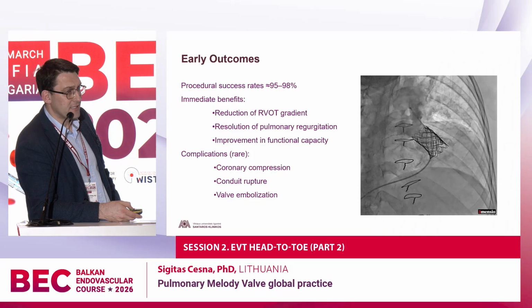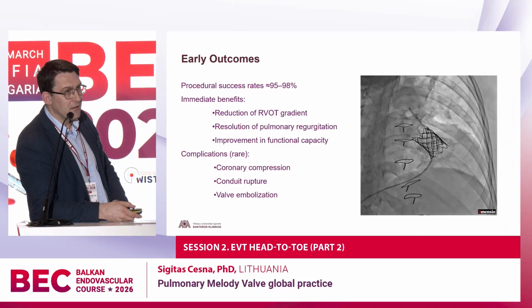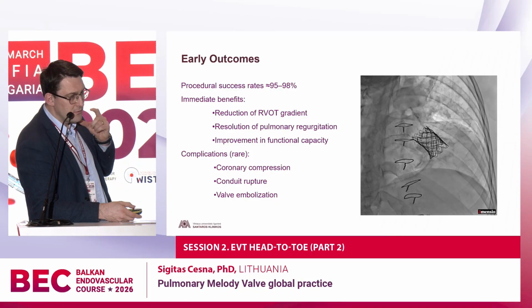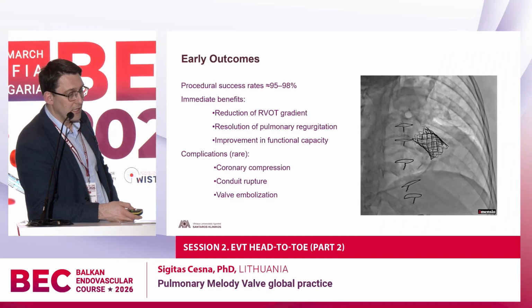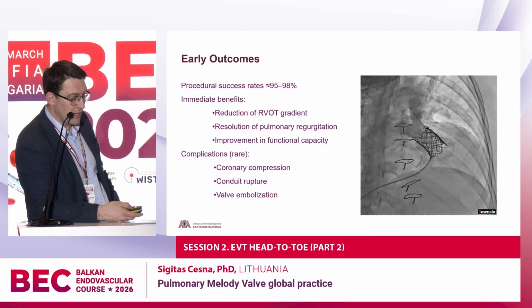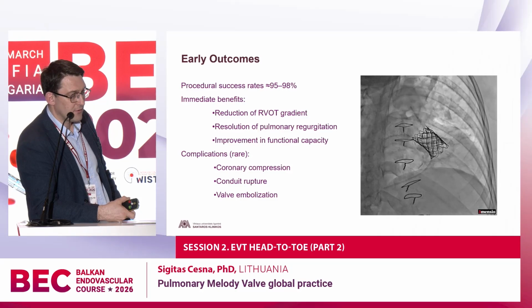The valve itself is a CP stent with a bovine jugular vein, which is sutured in the middle of the stent. This is a natural bovine jugular vein, which works with low gradients, and regurgitation, and also improvement in the functional capacity for the patient.